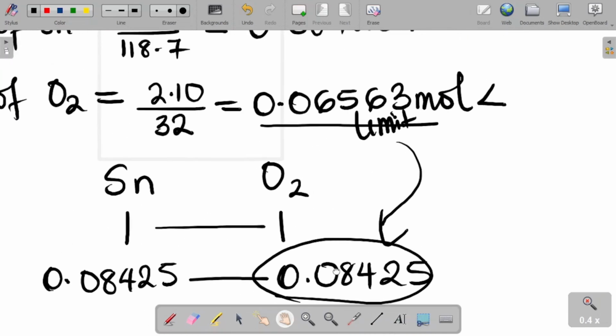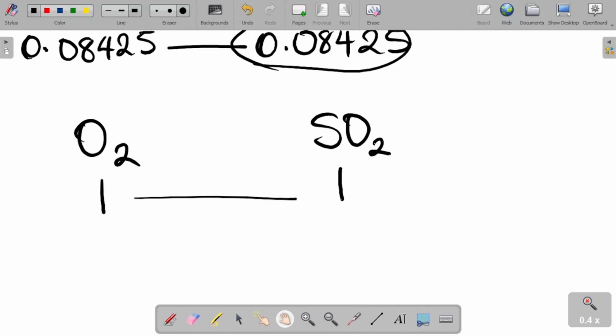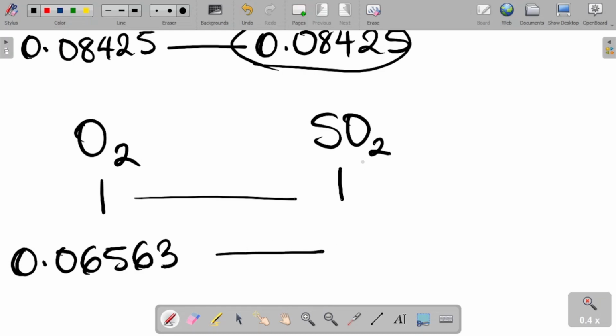From here, we can see that what's available there is 0.06563. So hence, we'll have that the available mole, 0.06563 of oxygen, would need to react with how many moles of this?